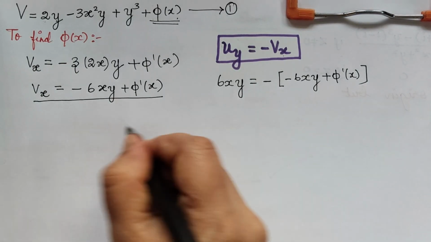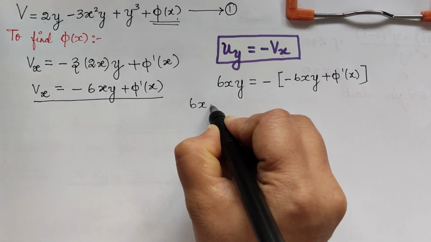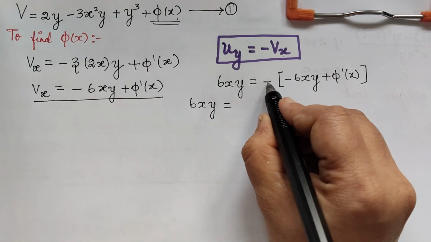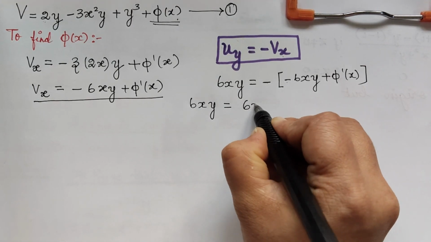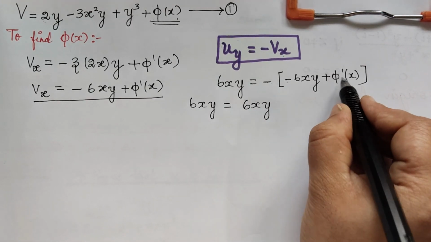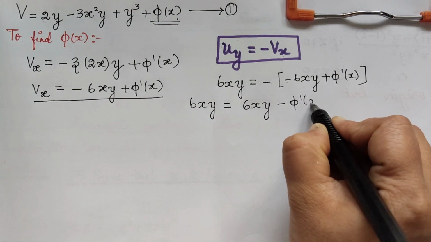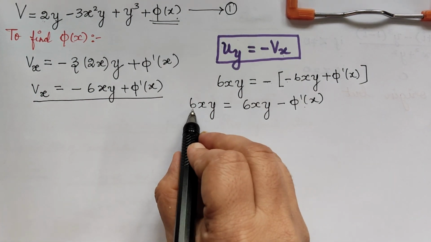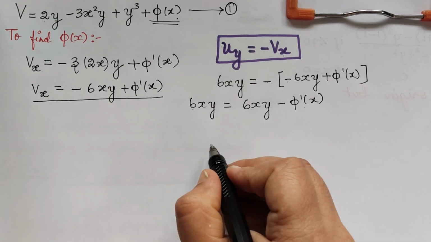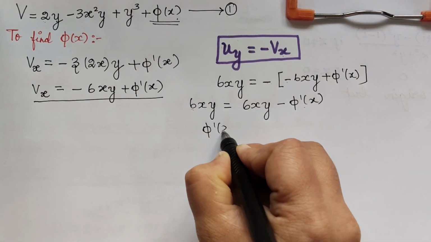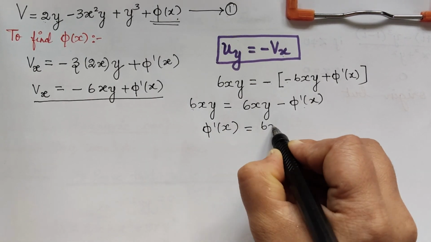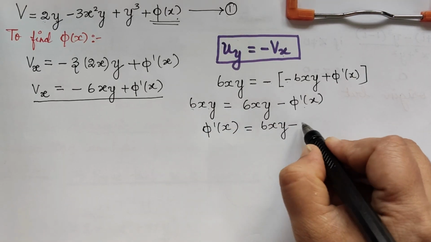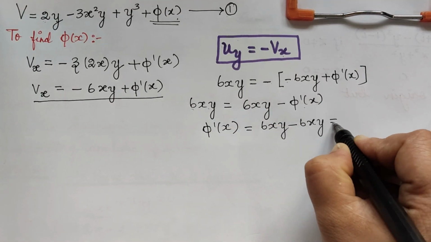Now we're rewriting this. What do you get? 6xy is equal to, minus into minus becomes plus, so 6xy then minus phi dash of x. Now from this, taking this phi dash of x to the left and taking the 6xy to the right of this equation, we get phi dash of x to be equal to 6xy minus 6xy, which is equal to 0.